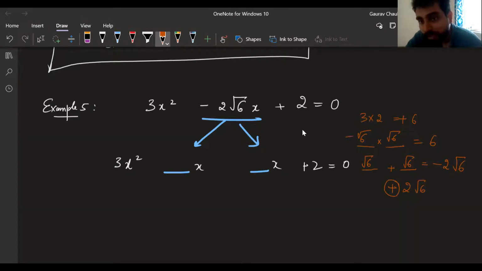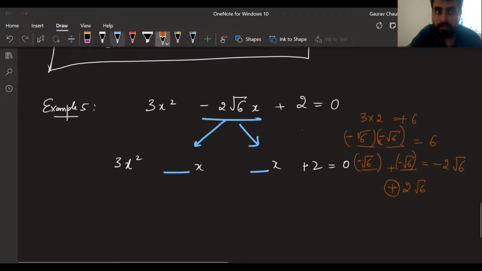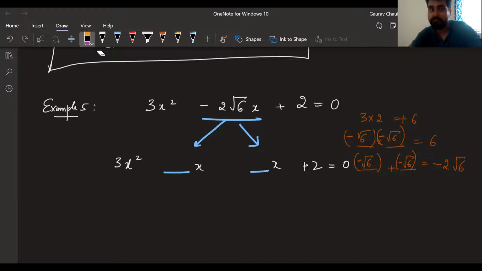But if I do minus root 6 into minus root 6, that can work, because then I add minus root 6 plus minus root 6, I will get minus 2 root 6. Okay, that's what my brain is going to do here. So basically everything remains the same, just a little creativity.